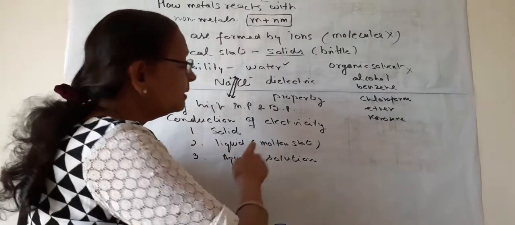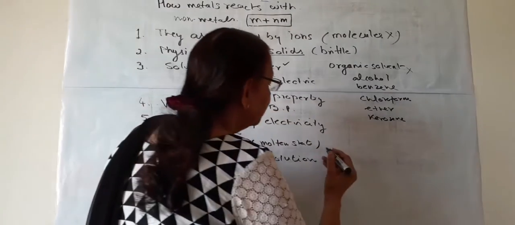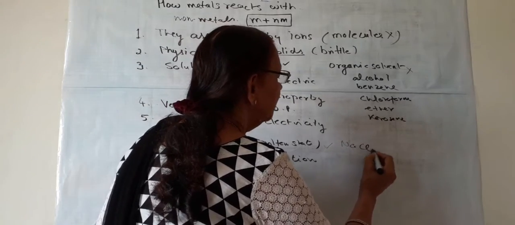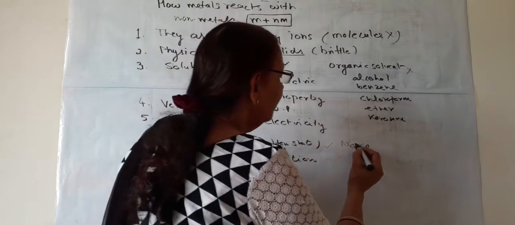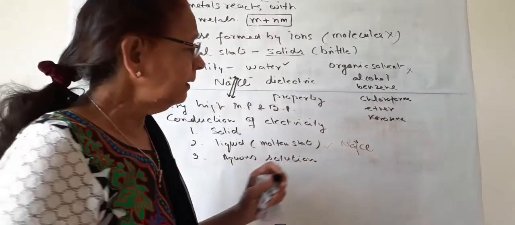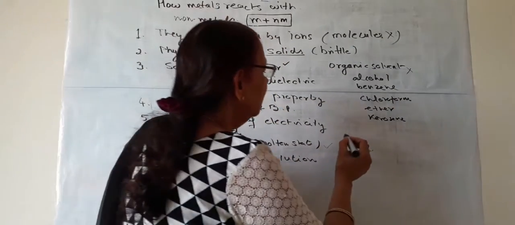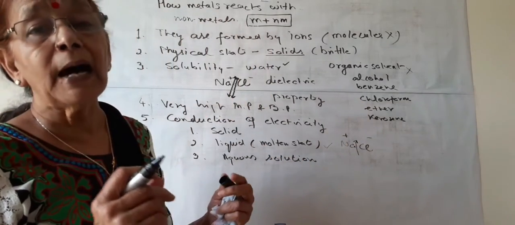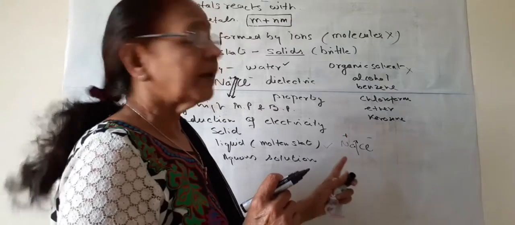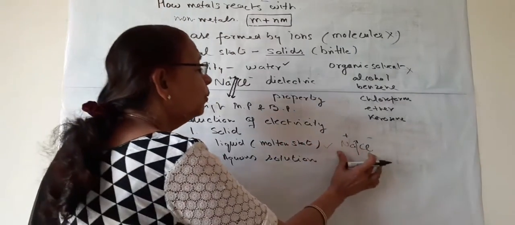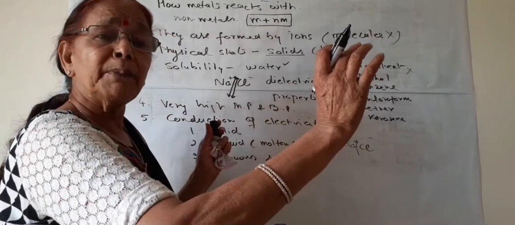Now in molten state, yes, electricity can be conducted. How? Suppose it is NaCl. When high temperature is given, it melts. The two ions become separated due to the high heat. The attraction force is broken, and both the ions become separate now.